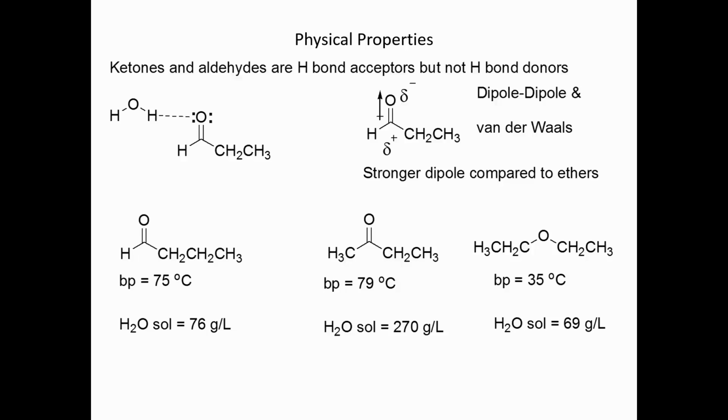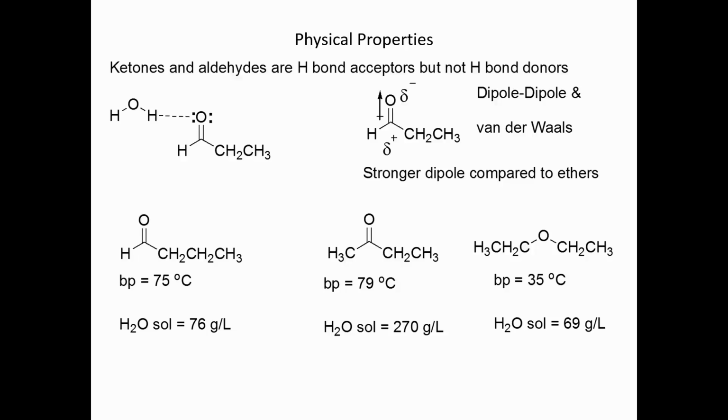Ketones and aldehydes also have relatively strong dipole-dipole interactions. So they have a strong dipole like this, and the oxygen of one aldehyde molecule like this would be attracted to the carbonyl carbon of another aldehyde molecule just through simple electrostatics.